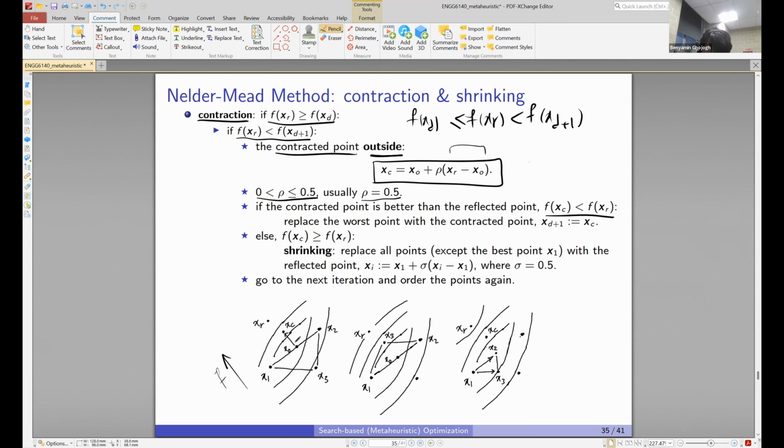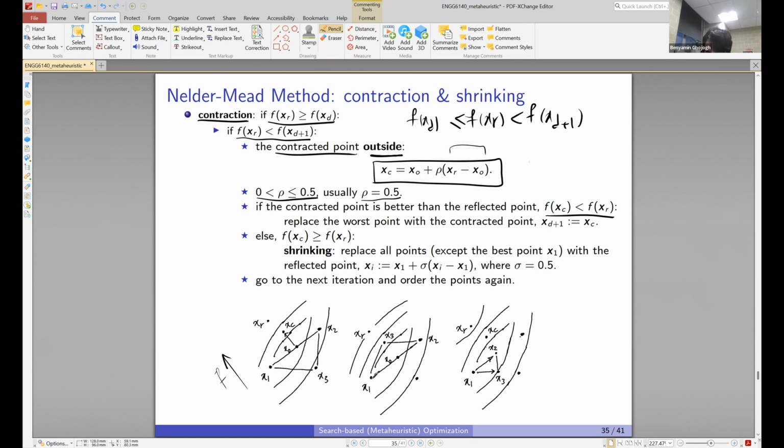Let's calculate the contracted point. Is XC better than the reflected point? If yes, then replace the worst corner with XC. So the simplex is reflected, but in a contracted way, right?